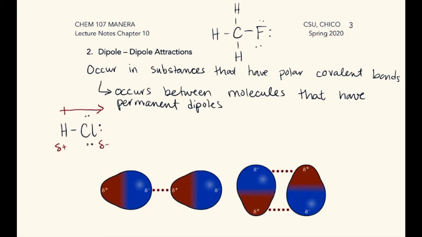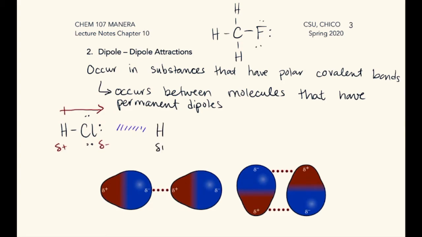So in a sample of HCl, what we would see is an attraction from the chlorine on one molecule to the partial positive on the hydrogen on a different molecule.